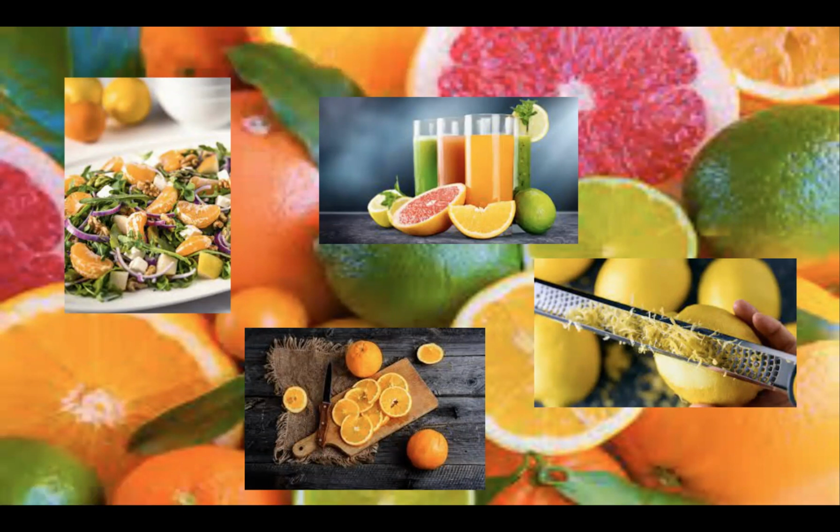And you just throw a couple slices in any kind of sauce that you're making or salad dressing. It's also wonderful to throw a couple slices into any kind of grain that you're cooking. It's really yummy. And so these are just different ways that you can cook with citrus. I've included some recipes in the program notes.